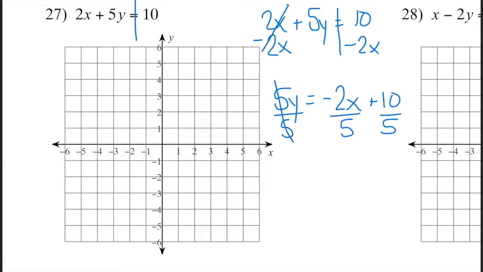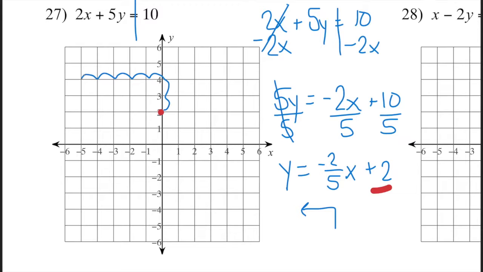These 5s cancel out. The x term does not, so negative 2/5 stays negative 2/5, but 10 divided by 5 is 2. So that turns out to be my y-intercept. My slope is negative 2/5, so I'm going to go up 2 and to the left 5. 1, 2; 1, 2, 3, 4, 5. And that's going to be my line.